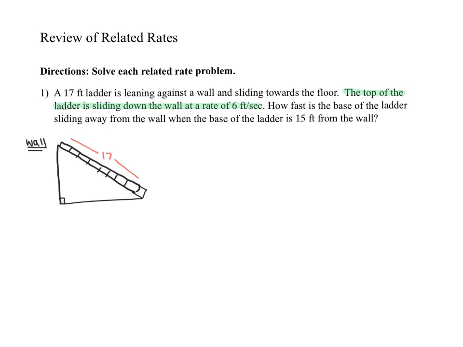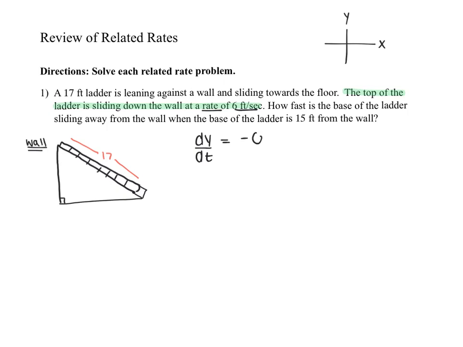It's sliding down the wall. So this distance, if we consider it like the XY axis, the x-axis goes horizontally and my y-axis goes vertically. So to write that the top of the ladder is sliding down the wall with this rate, we say dy dt, the derivative with respect to time, because it's feet per second.